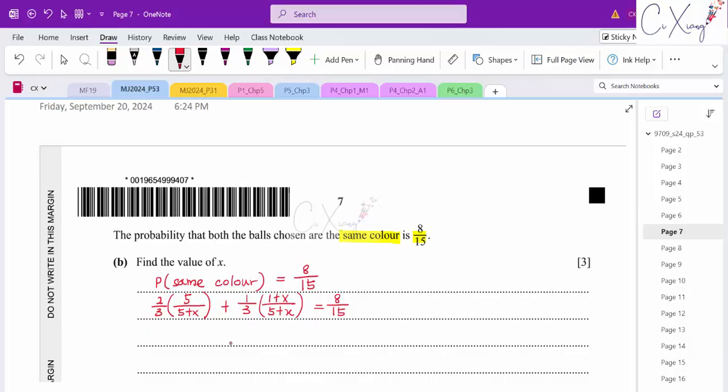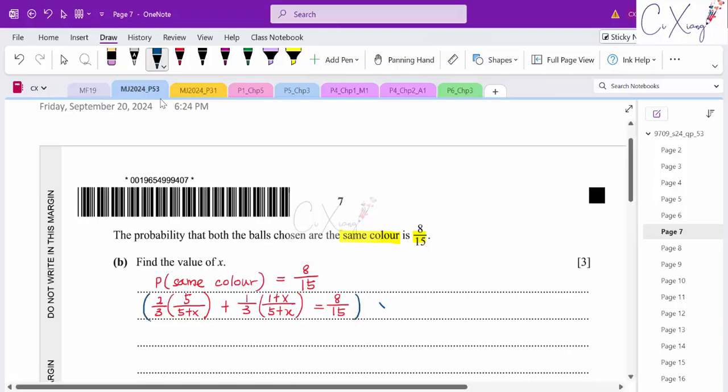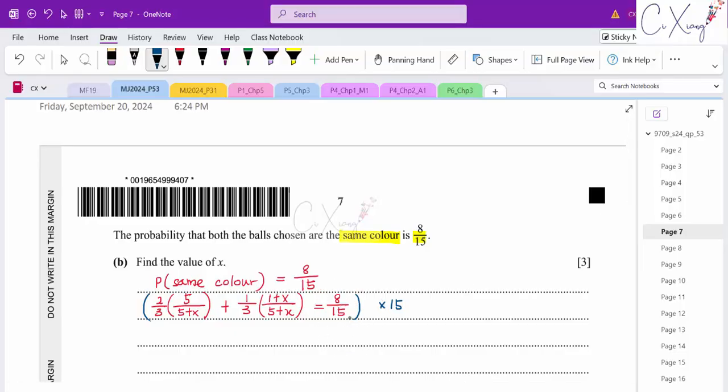To solve it, I will multiply the whole equation by 15 so that I can get rid of the denominator 15. When I multiply the whole equation by 15, for the first term, 15 divided by 3 gives 5, 5 times 2 gives 10, and 10 times 5 gives 50.